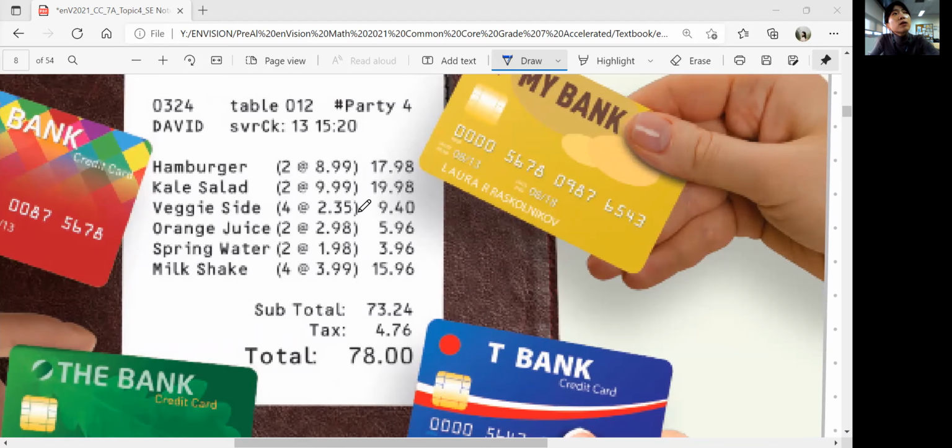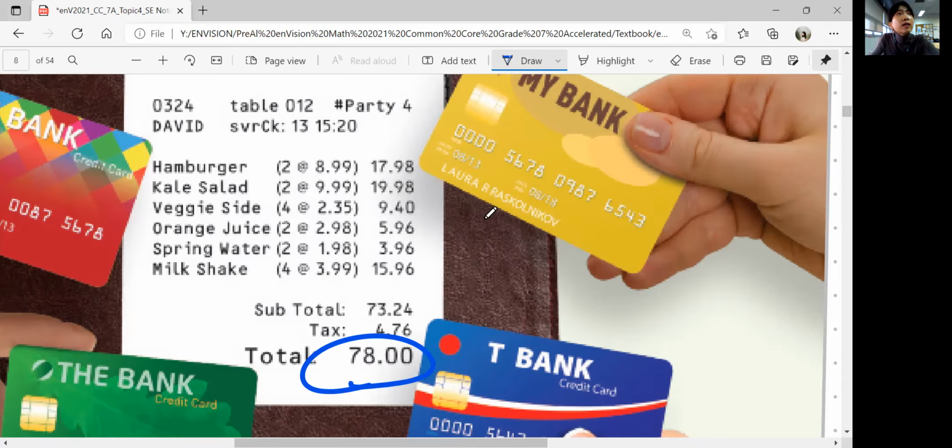Okay, so the total the 4 of them spent is $73.24 with the tax. The whole total is $78. And you want to find the amount of tip from 78, okay?